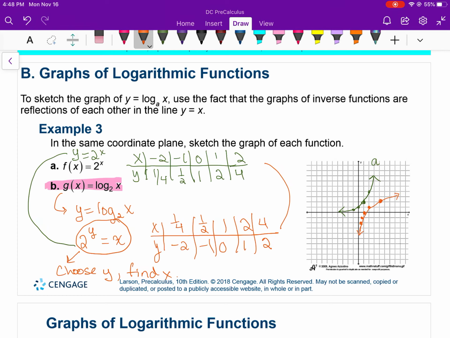And there's your inverse function. So this is the graph of, let's see, I should have called that F, and this one is your G. Now it's true that they're inverses, so we have that line of reflection, y equals x. And that's mentioned here in the text.